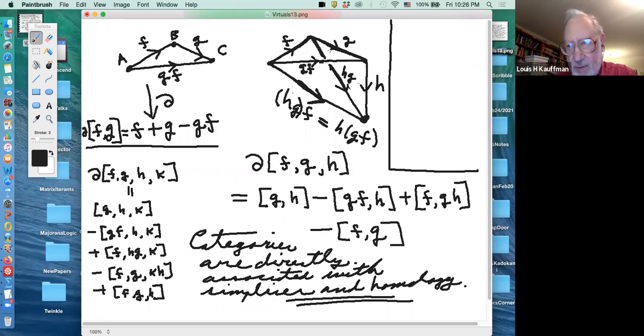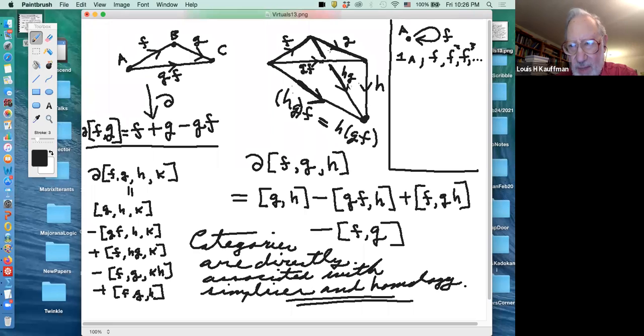very simple categories. For example, you could think about a category which consisted of one morphism from A to A and all its powers. So then the morphisms would be the identity on A and F and F squared and F cubed and so on.